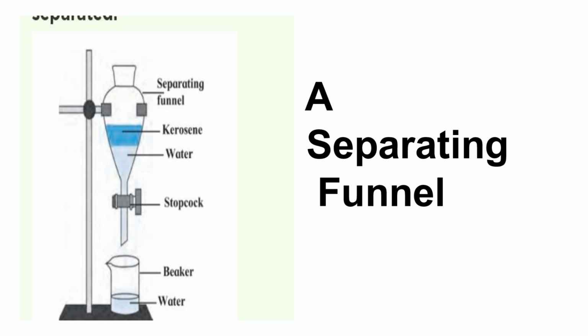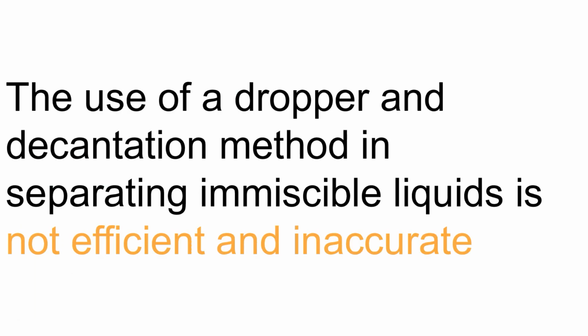That way, you will have separated your two immiscible liquids. Now, the use of a dropper and decantation method in separating immiscible liquids is not efficient, and it is usually inaccurate. And therefore, the separating funnel is the best method of separating immiscible liquids.